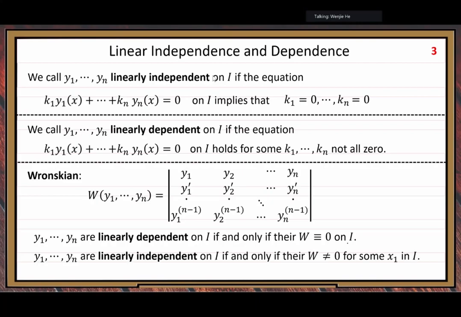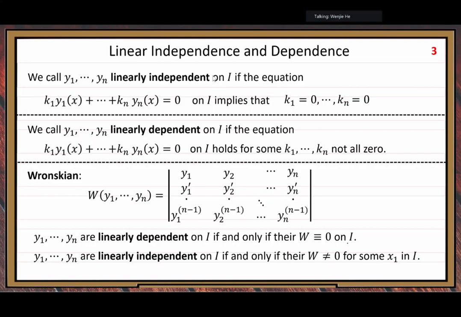That's the linearly dependent case. Linearly independent case, on I, if and only if W is not equal to 0 at some point, just 1 point. If there is 1 point in I that makes this W, the Wronskian, nonzero, because it's a function.